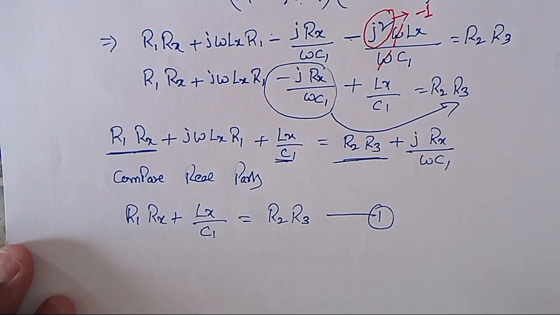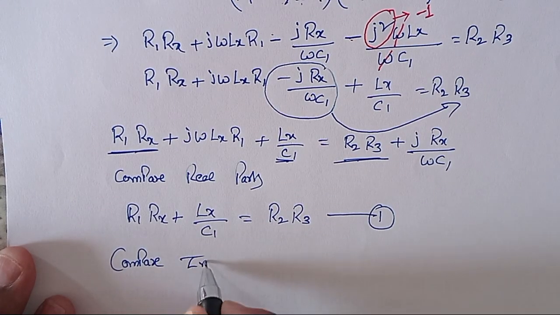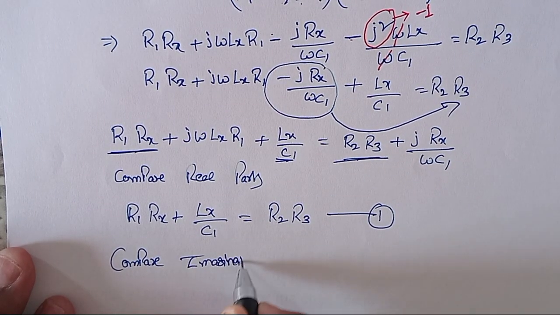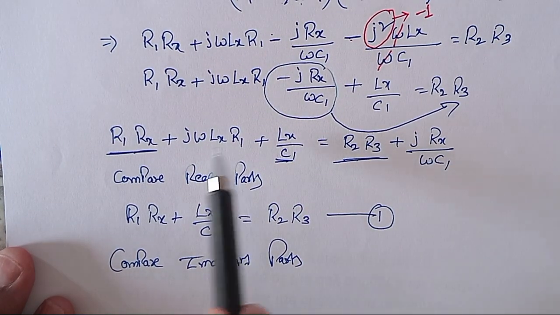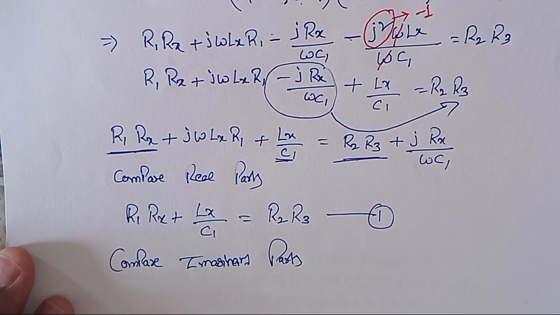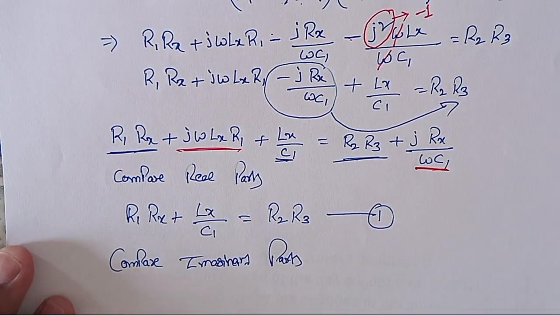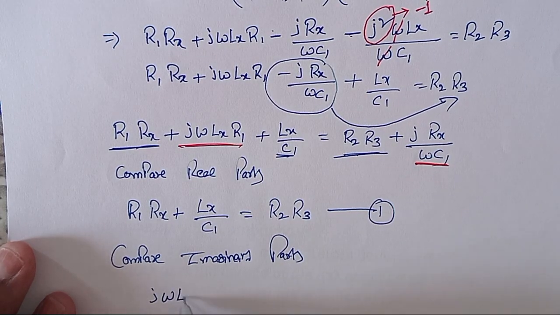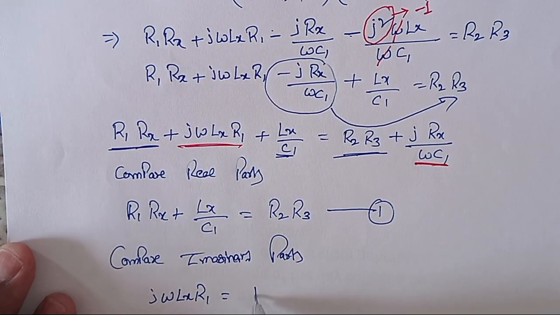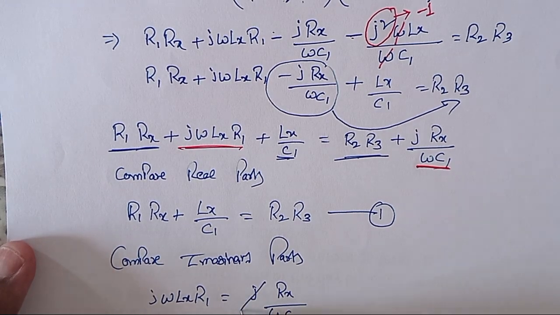Now compare imaginary parts. The imaginary parts are this one and this one. So jωLx R1 equals jRx by ωC1.